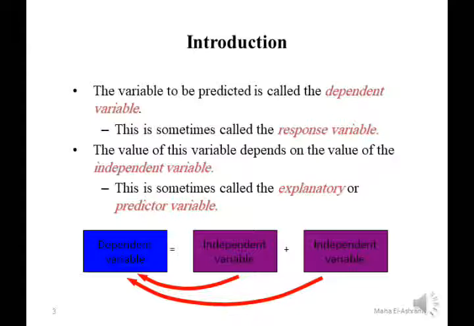And the independent variable, in some studies or textbooks, you will find it called the explanatory variable or predictor variable. So we use the independent to predict the dependent one. As you see in the slide, the dependent variable will be equal to an equation in the independent variable.